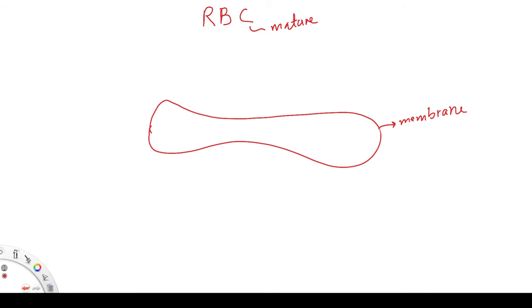At the end of the day, we need to know that an RBC is nothing more than an empty sac surrounded by a phospholipid bilayer. So what is the membrane made of? The membrane of all cells, any cell, is made of phospholipids.